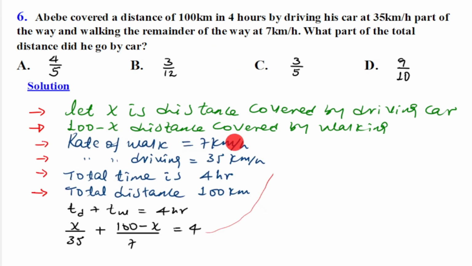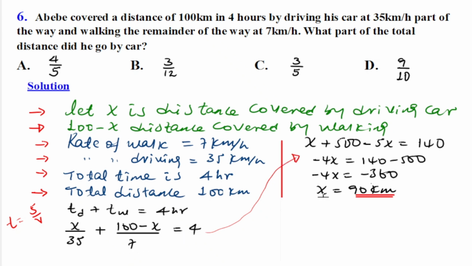The rate of walking is 7 km per hour, the rate of driving is 35 km per hour, the total time is 4 hours and the total distance is 100 km. When we add the time of driving and the time of walking, we get the total time of 4 hours. Since time is distance over speed, the time of driving is x over 35, plus the time of walking, 100 minus x over 7, which is equal to 4.